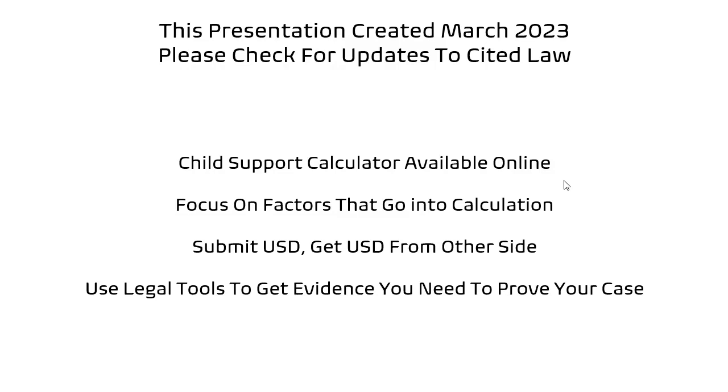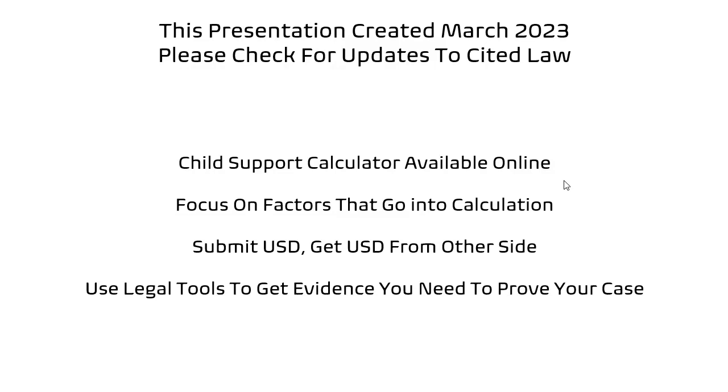So, there is a document called a Uniform Support Declaration. We call it a USD for short. And what you want to do is you want to get a uniform support declaration and fill it out, attach the attachments that it calls for, and get the other side to do the same thing.